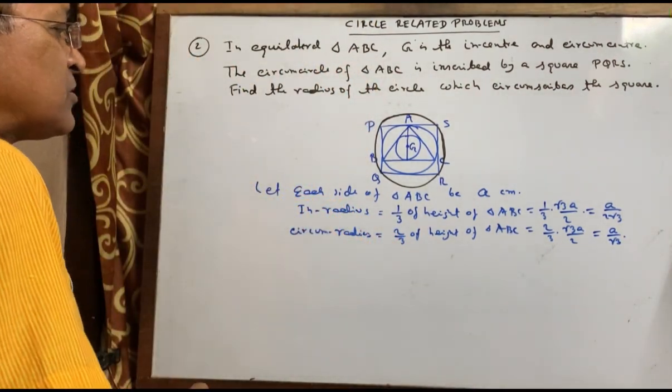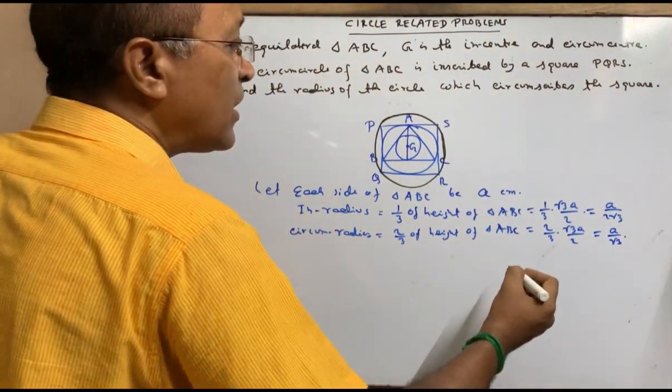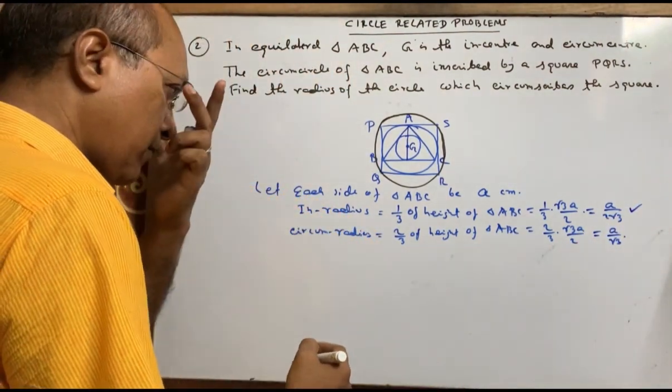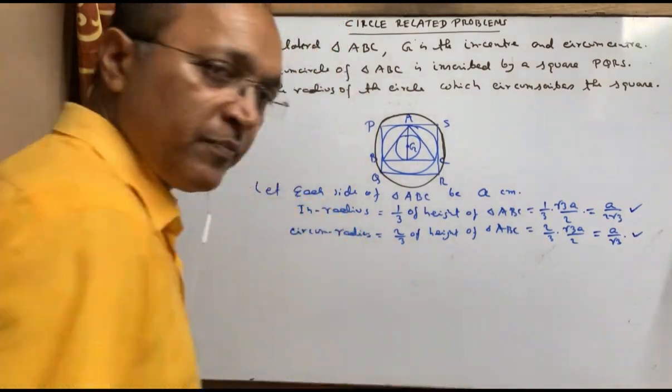Okay. So inradius is a by 2 √3, circumradius is a by √3.